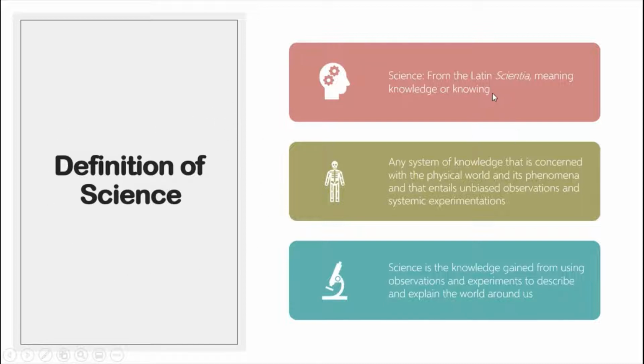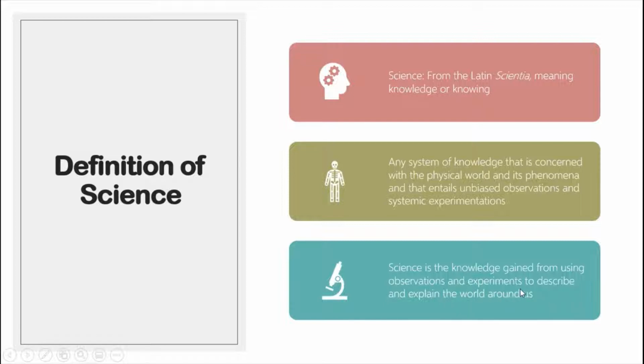Any system of knowledge that is concerned with the physical world and its phenomena and that entails unbiased observation and systematic experimentation is called science. To make it easy, science is the knowledge gained from using observations and experiments to describe and explain the world around us.